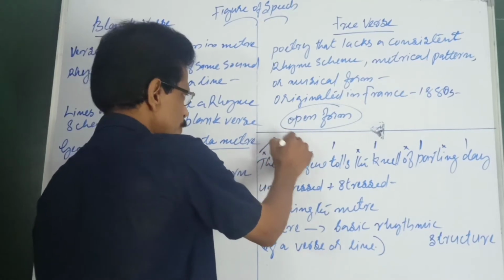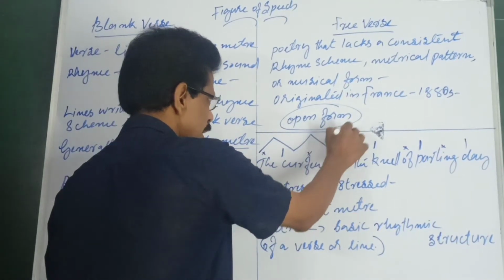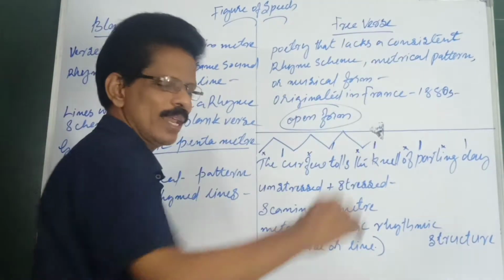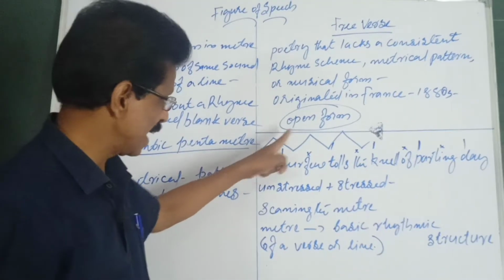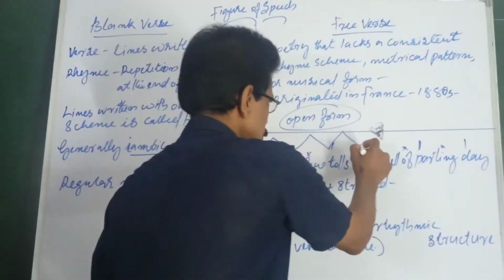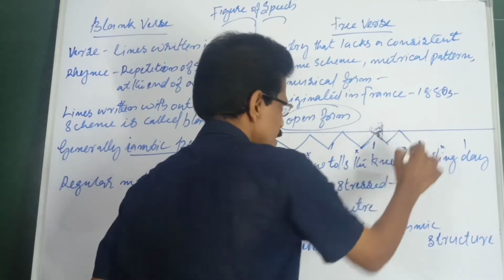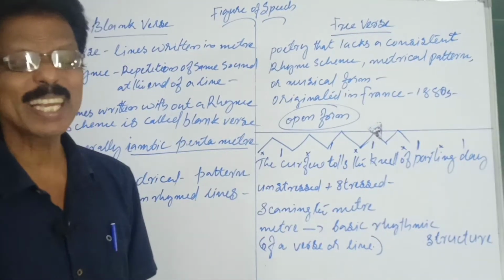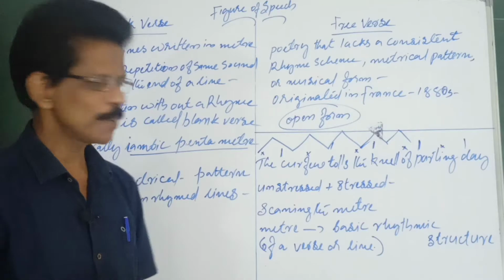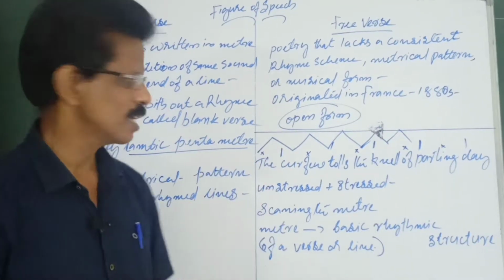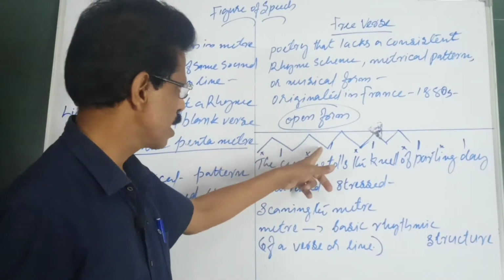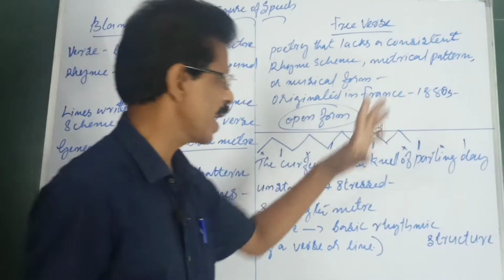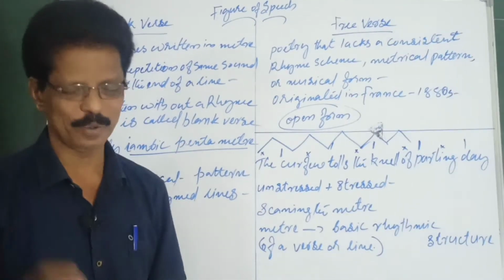The curfew tolls the knell of. Do it like that. In that way, penta means 5: 3 plus 2 more will be there. Five feet will be there. So how is it pronounced? The curfew tolls the knell of parting day. That's what pentameter is: five.